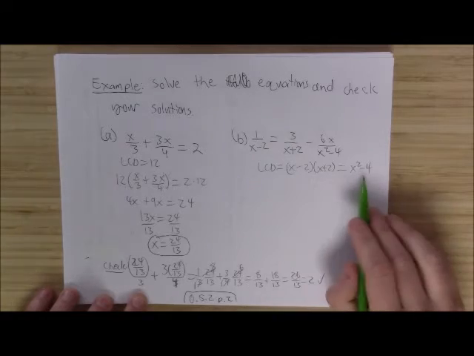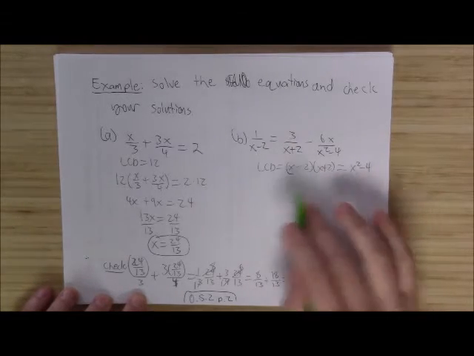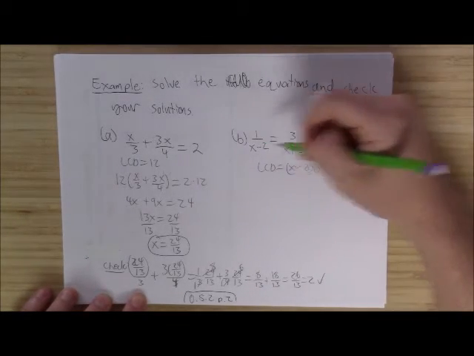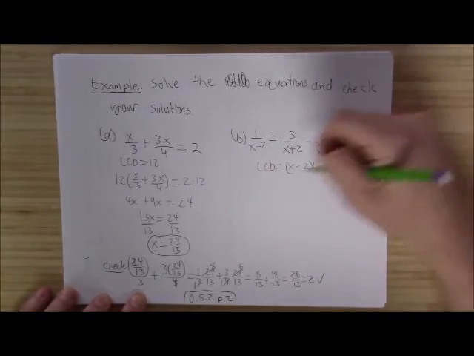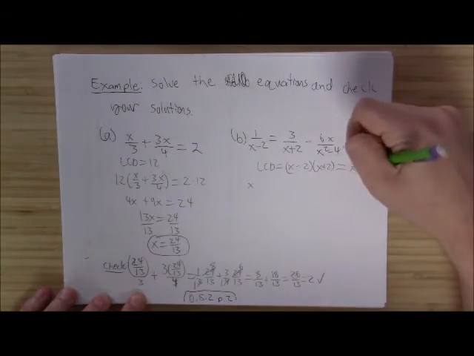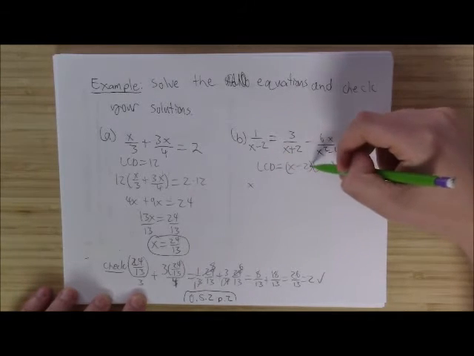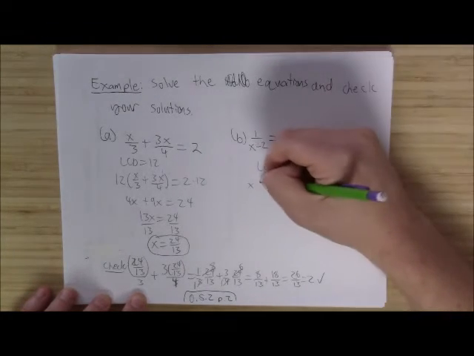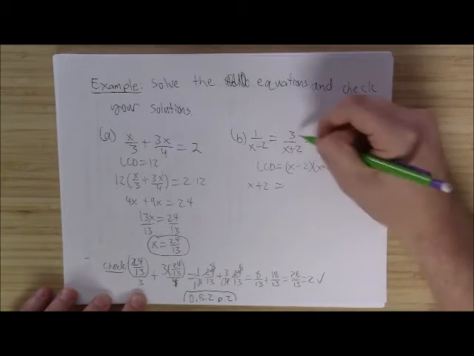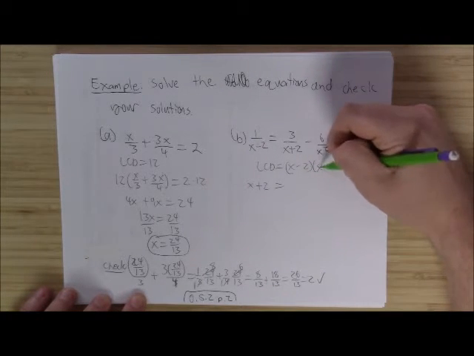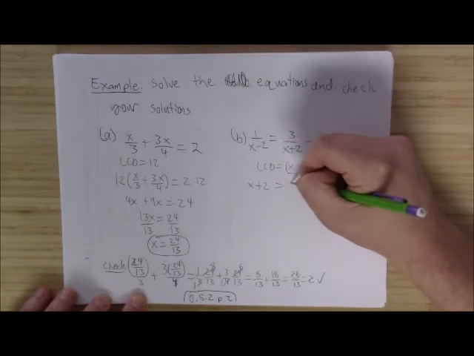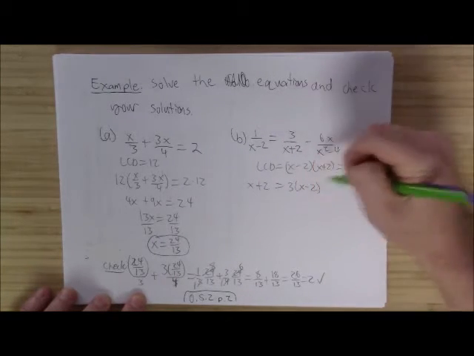Over here, if we multiply both sides by the LCD, what we end up with is, when we multiply this side by it, the x minus 2 and the x minus 2 would cancel, and we'd have an x plus 2 left over. Here, the x minus 2 and x plus 2 would cancel, and we'd have 3 times x minus 2.